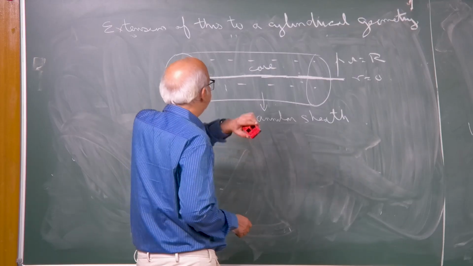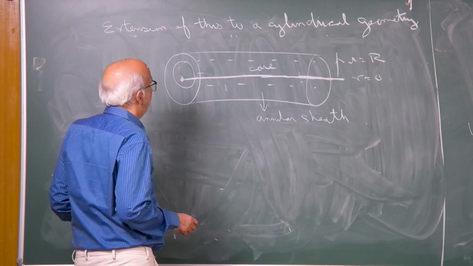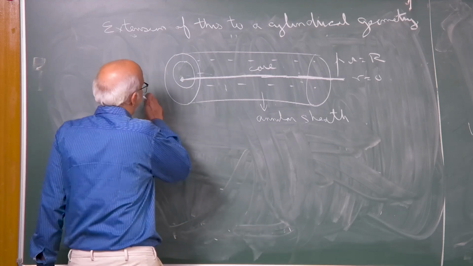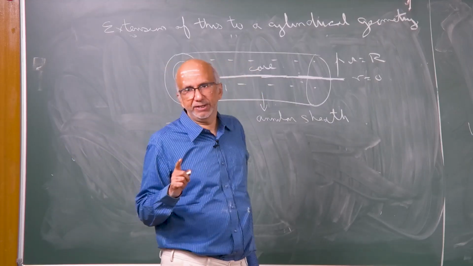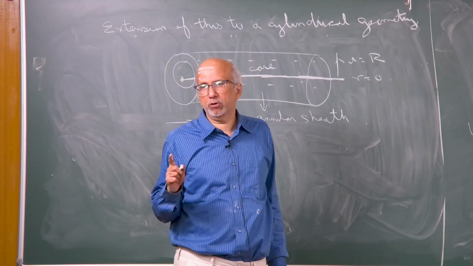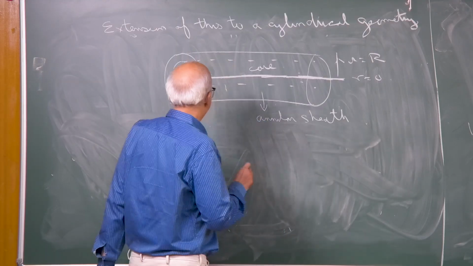What do we have? Again we have liquid flowing in this direction, and in the cylindrical coordinates, what are the three coordinates we look at? r, theta and z.